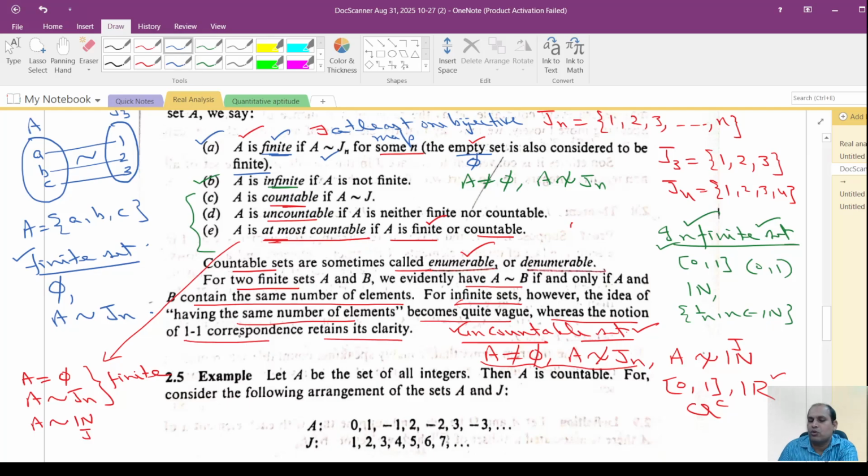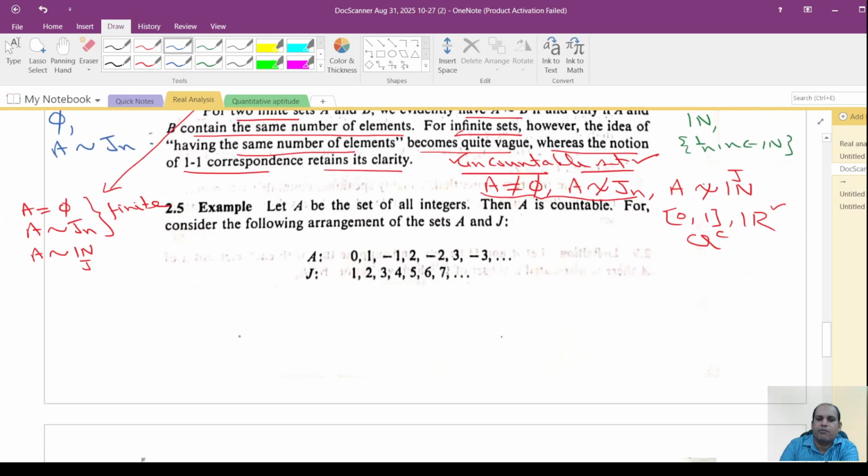In the case of infinite sets there are several examples where B may be a proper subset of A, but still there exists a bijective map between B and A, whereas this is not possible with a proper subset in the case of finite sets. We cannot establish a bijective map between a proper subset B of A and A. Let me explain it with the help of an example.